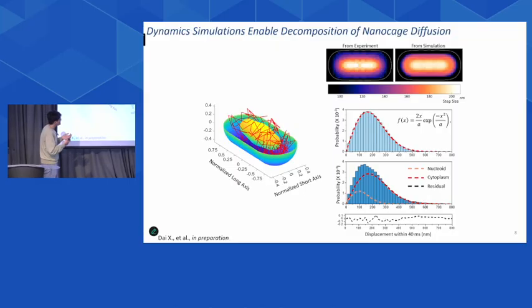And now with the shape of the population, and also the weight that can be extracted from the accessibility measurement, we can decompose this distribution into two populations, and the remaining portion is from the nanocage when they diffuse only in the nucleoid. Again, it fits with a Rayleigh distribution, and by having the alpha, we can know the diffusion coefficient.